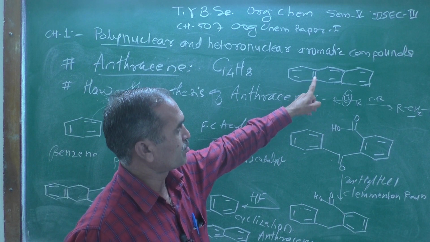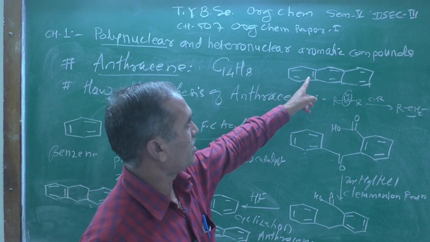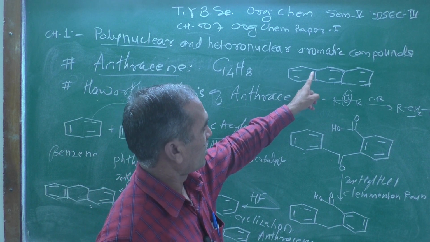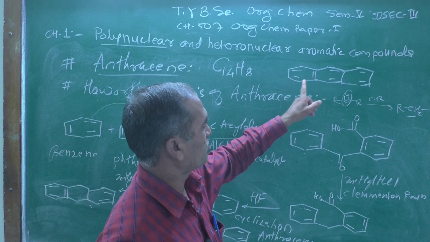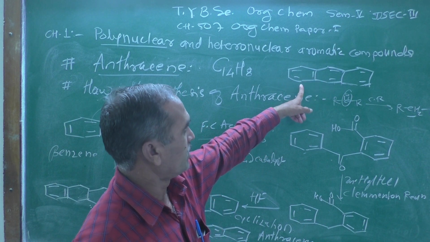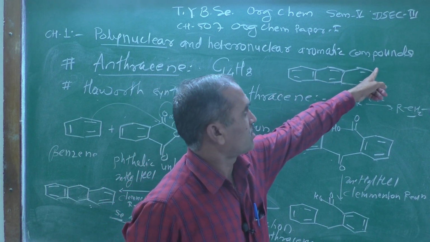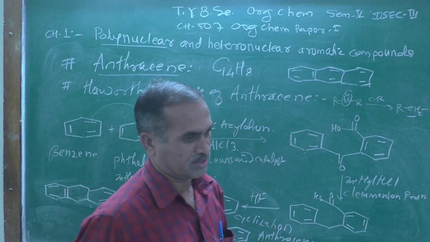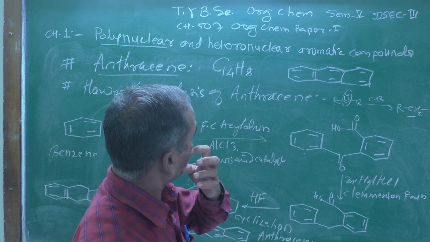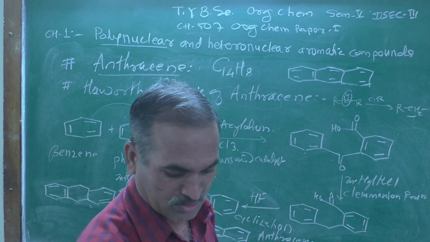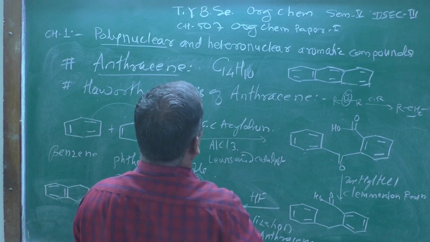But here there is no hydrogen atom because this satisfies all the valencies, 1, 2, 3 and 4, and therefore there will be no hydrogen atom. But here 1, 2, 3, 4, 5, 6, 7, 8, 9 and 10, there are 10 hydrogen atoms. Sorry, here make the correction: C14 and H10.